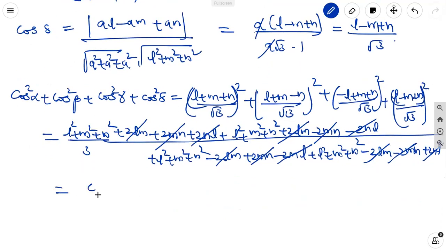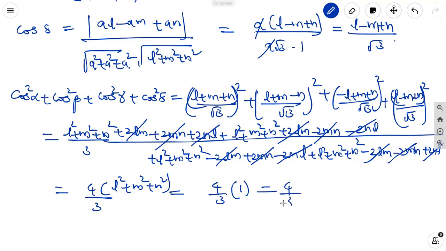Here it is 4 into L square plus M square plus N square by 3. We know that this is 4 by 3 into 1, equal to 4 by 3, since L square plus M square plus N square equals 1. This is the solution.